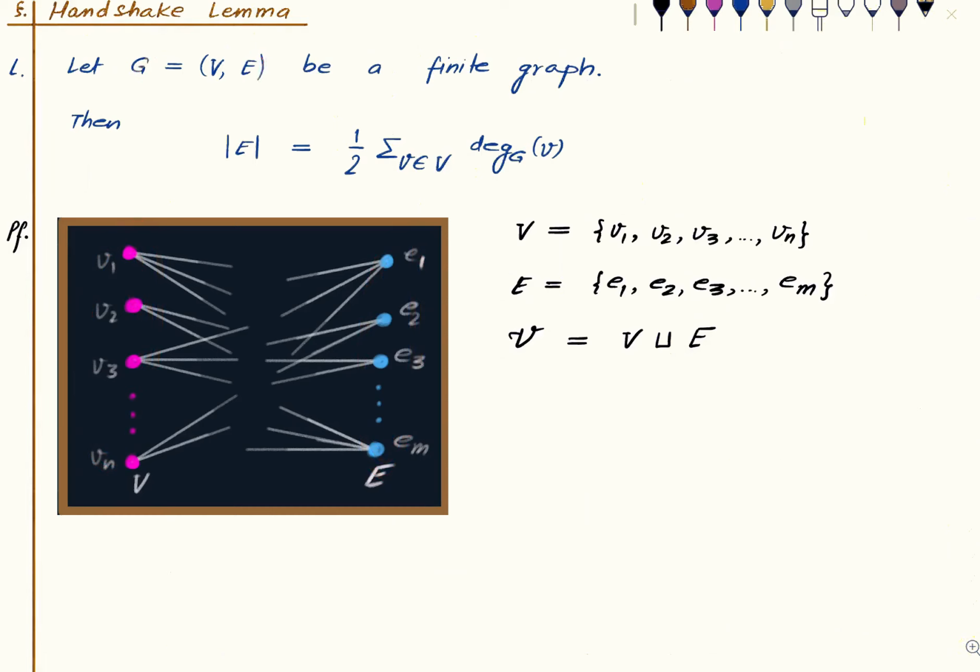Okay, now what are the edges? How do we define the edges? So this is fancy V, this is fancy E. So fancy E is defined as (x, E), where x is in the vertex set of the original graph, E is in the edge set of the original graph, such that x is incident with E, or rather E is incident with x, which is same as saying x lies in E, but I write more colloquial.